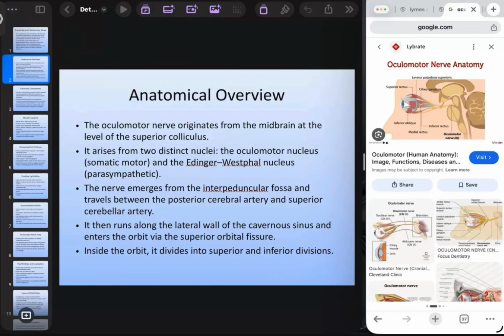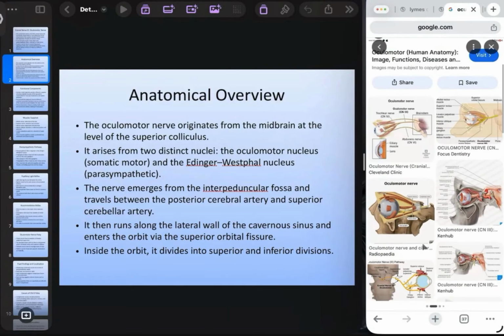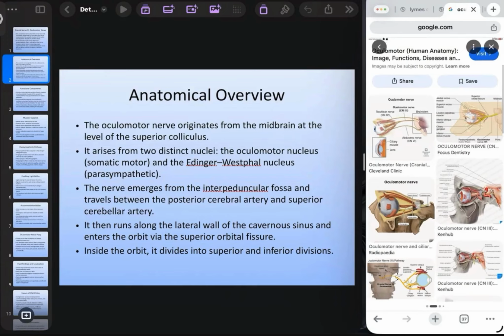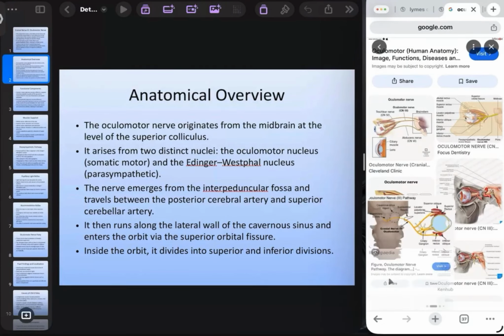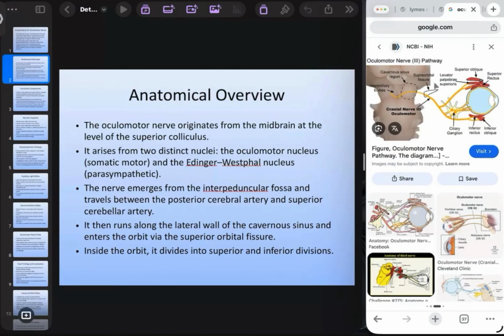The nerve emerges from the interpeduncular fossa and travels between the posterior cerebral artery and superior cerebellar artery. It then runs along the lateral wall of the cavernous sinus and enters the orbit via the superior orbital fissure. Inside the orbit, it divides into superior and inferior divisions.